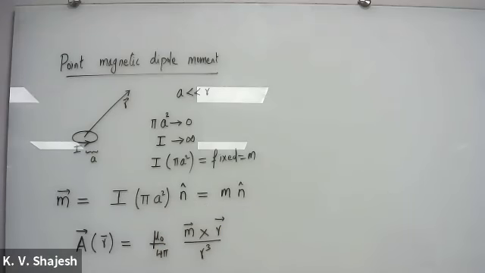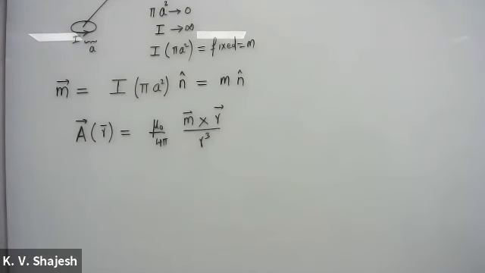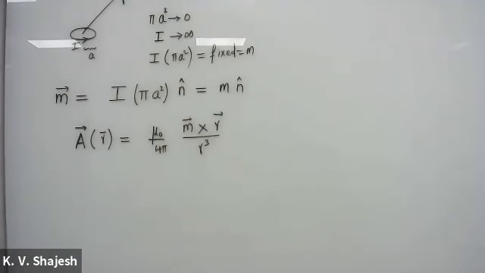Right, that's what we have shown in the last class. We also can actually now calculate the magnetic field, right? So once we have the vector potential, and by the way, what is the direction of this vector potential?